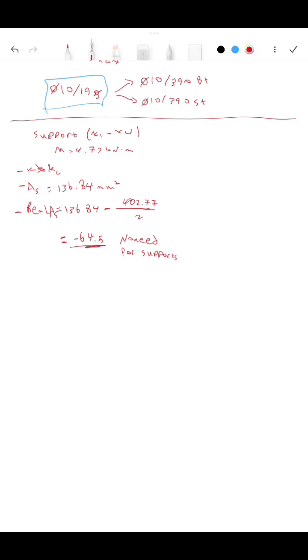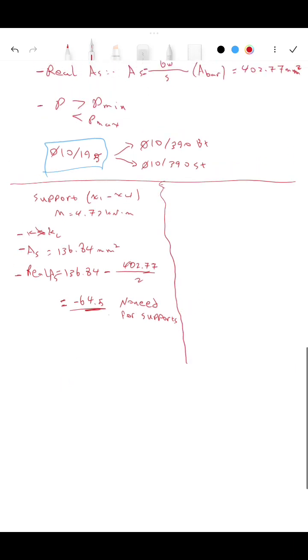If the value was positive, then we would calculate the area of steel according to the space and everything. But while the value is negative, no need for supports. We are not going to add the supports in this case. The steel bars we have from the bent up bars are sufficient and enough. So this is for x1 and x4.